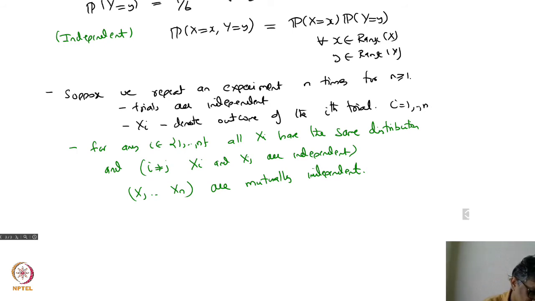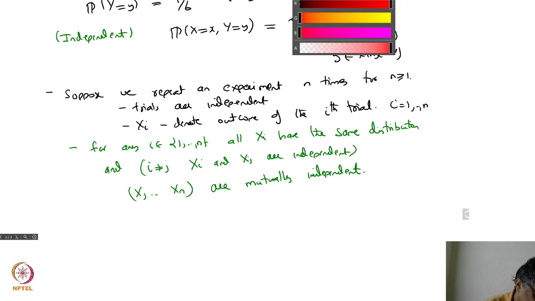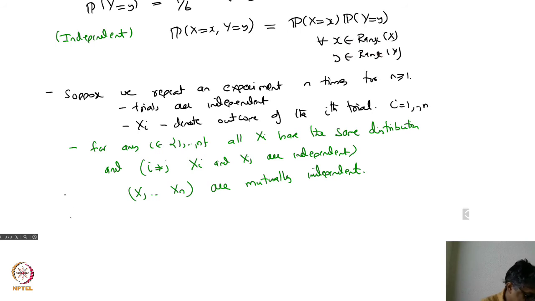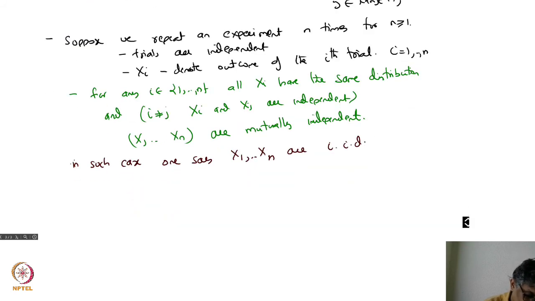So there's a notation for this. In such cases, one says X1, X2, up to Xn are i.i.d. random variables.